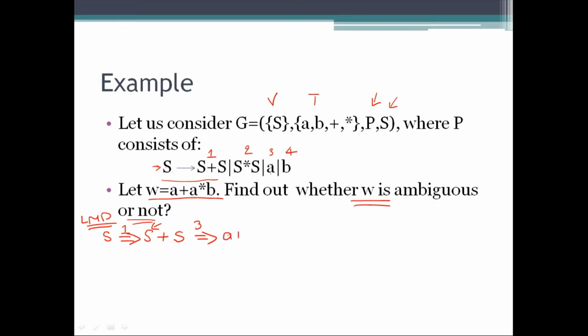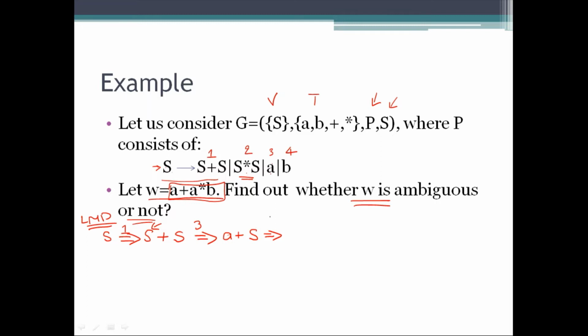So we have A plus S. Next, only one non-terminal is there, so we can use production rule 2, because we have to find out whether the string A plus A asterisk B is derivable or not.